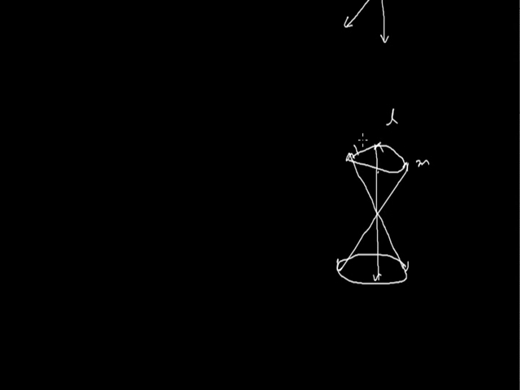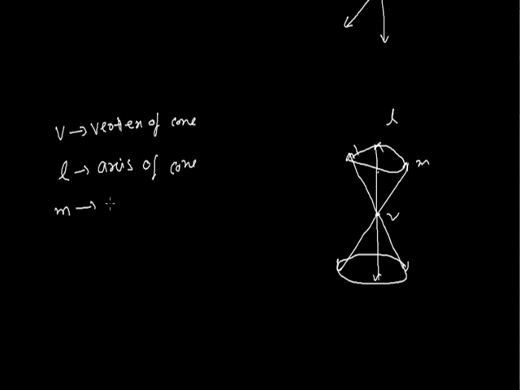This point is point V, so we can say V is the vertex of the cone, L is the axis of the cone, and the line M is the generator of the cone. The vertex V separates the cone into two parts.